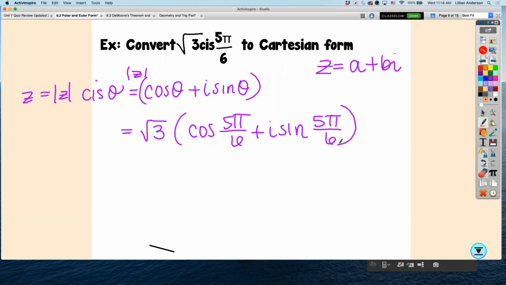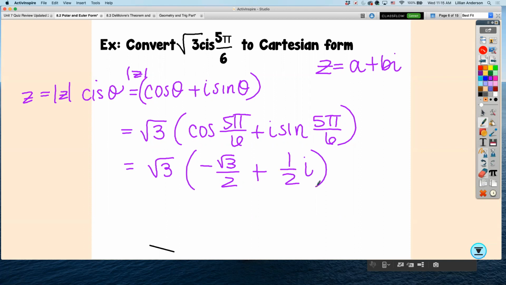You're going to actually want to figure out what is the cosine of 5 pi over 6 and the sine of 5 pi over 6. Again, unit circle. Cosine of 5 pi over 6 is a negative root 3 over 2 plus, what's the sine of 5 pi over 6?